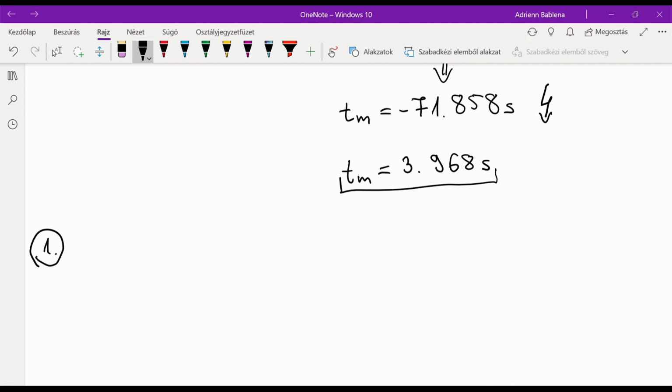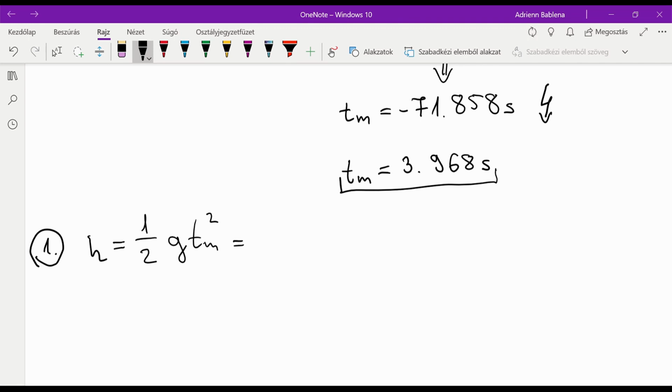So minus H equals to minus 1 over 2 g Tm squared. So H equals to 1 over 2 g Tm squared. So I multiplied by minus 1.